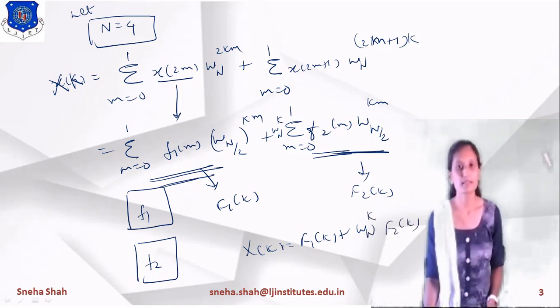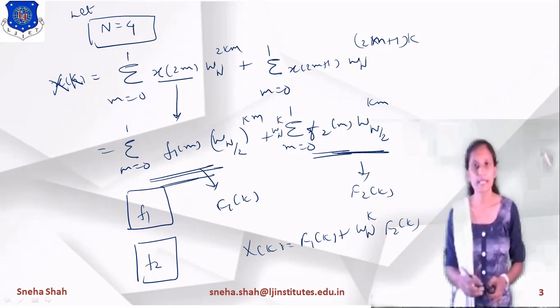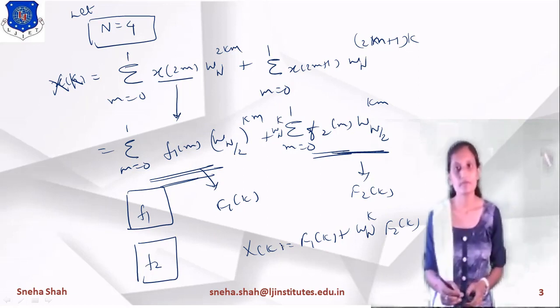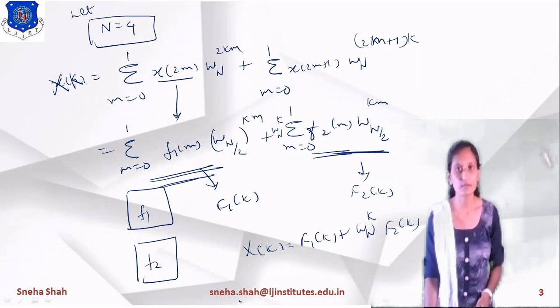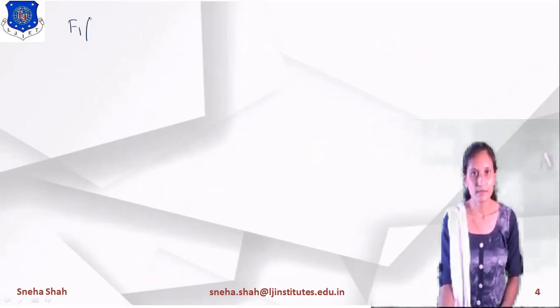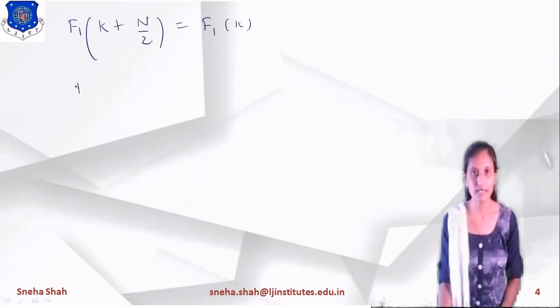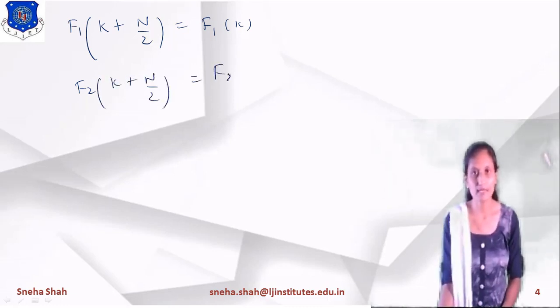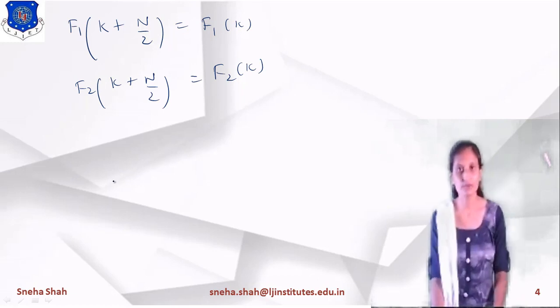Now I am simplifying this term. In this we will take k equals 0, 1. Same way we will represent this also in terms of 0 and 1. So after N by 2 samples, F1 of k plus N by 2 is equal to F1 of k. Same way, after N by 2 number of samples, it will be the same as the original function F2 of k.